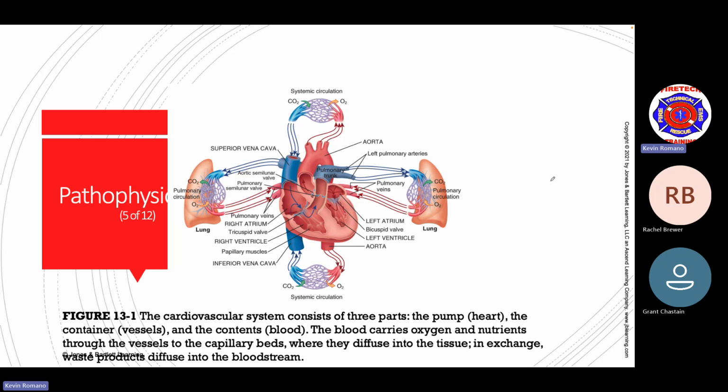So we have to fill the container. We have to have good preload, fill the container to be able to pump. We have to have oxygen to flood the system, and we need to provide more oxygen to get through the system for better perfusion. And we have to make sure we're not vasoconstricting too much, to the point where the vessels can't get the nutrients that are needed.